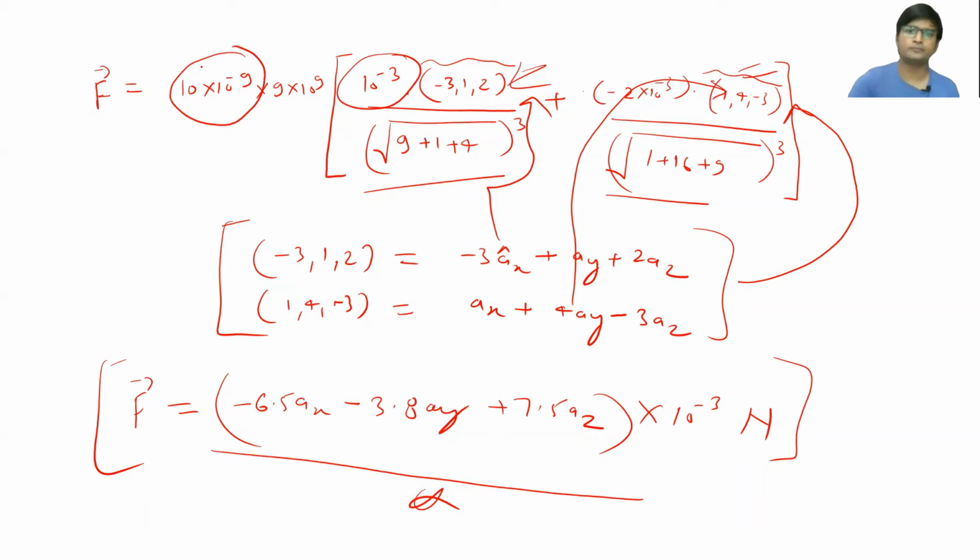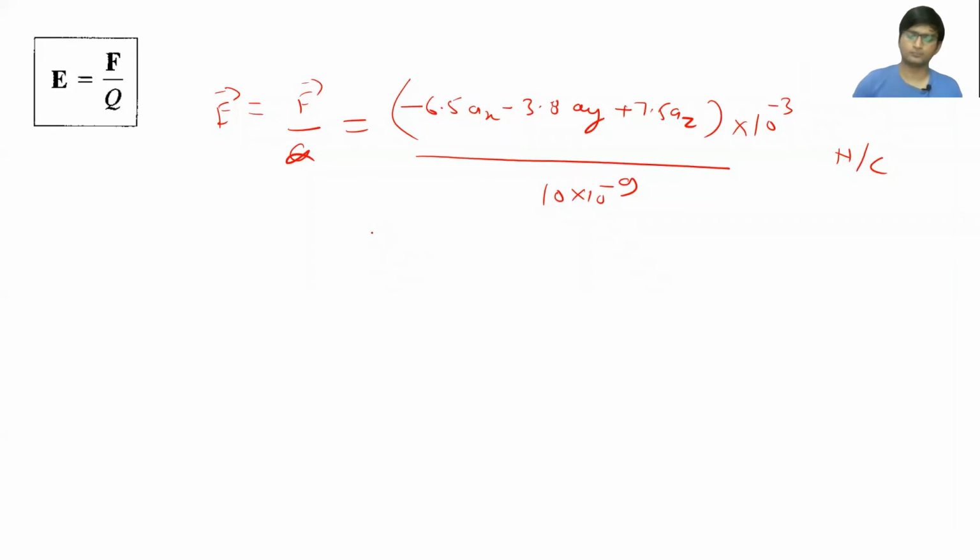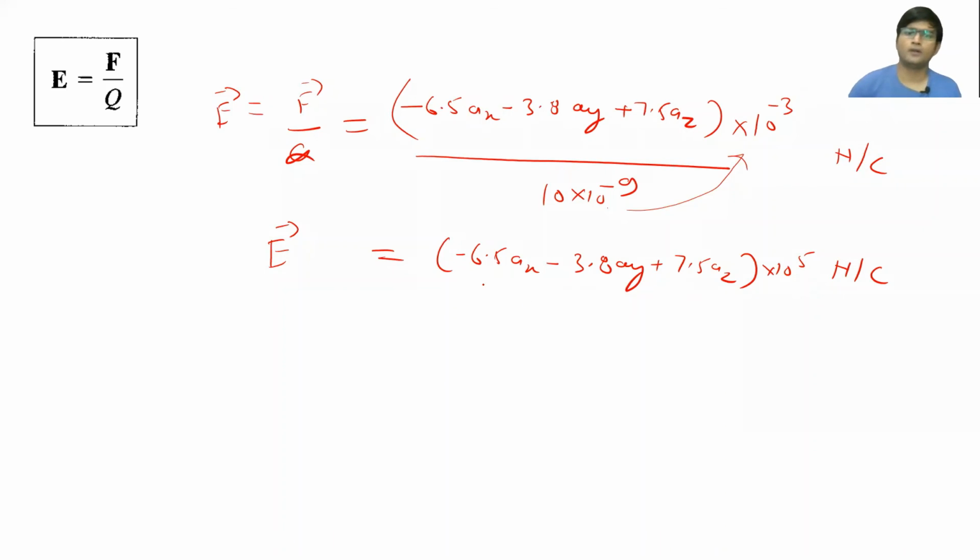So let us put it. This is what we will get, and if we take this to the numerator, we get our final electric field value as this, and the unit will be Newton per Coulomb. Also, we can write the unit as volt per meter.